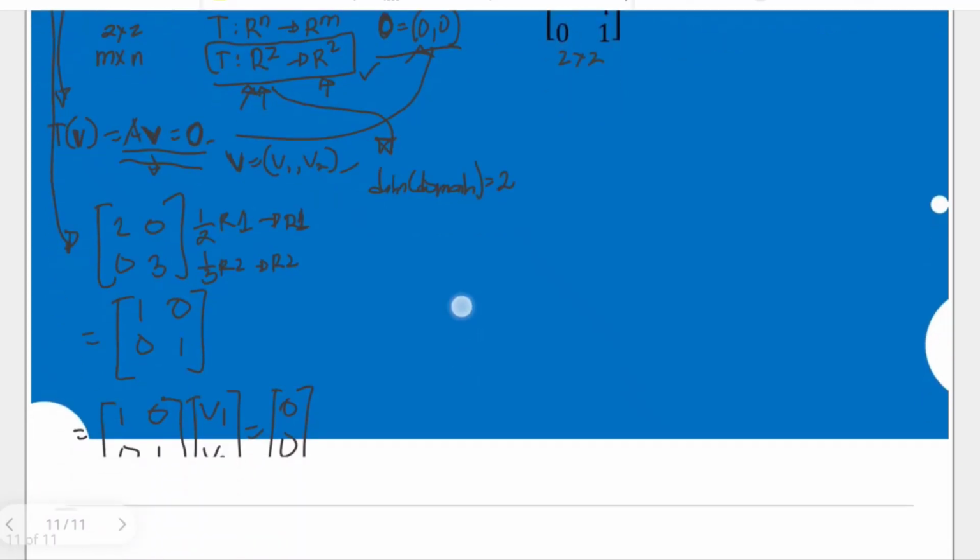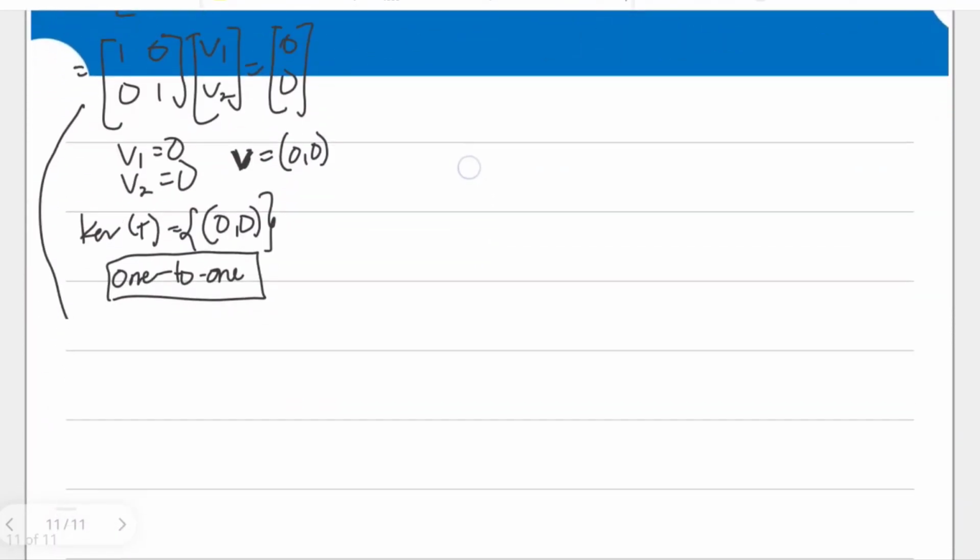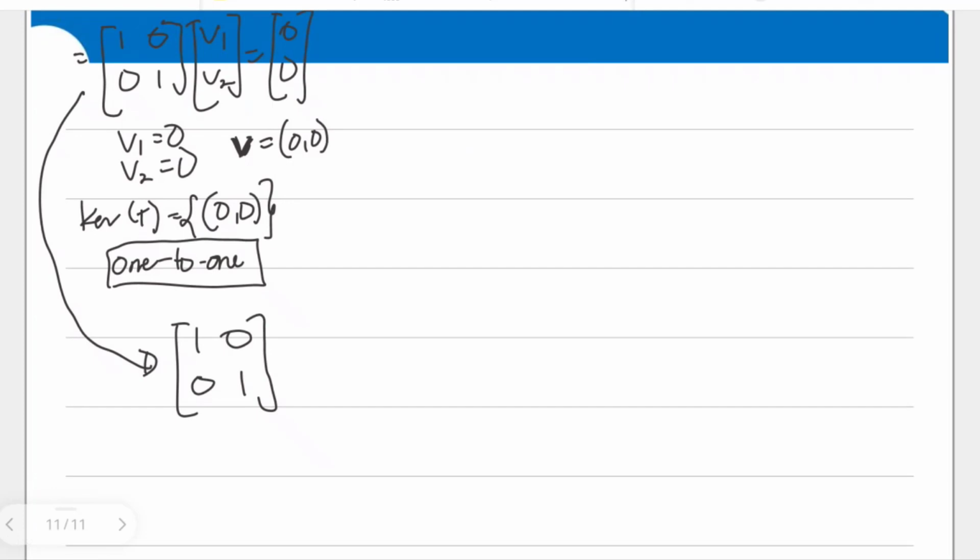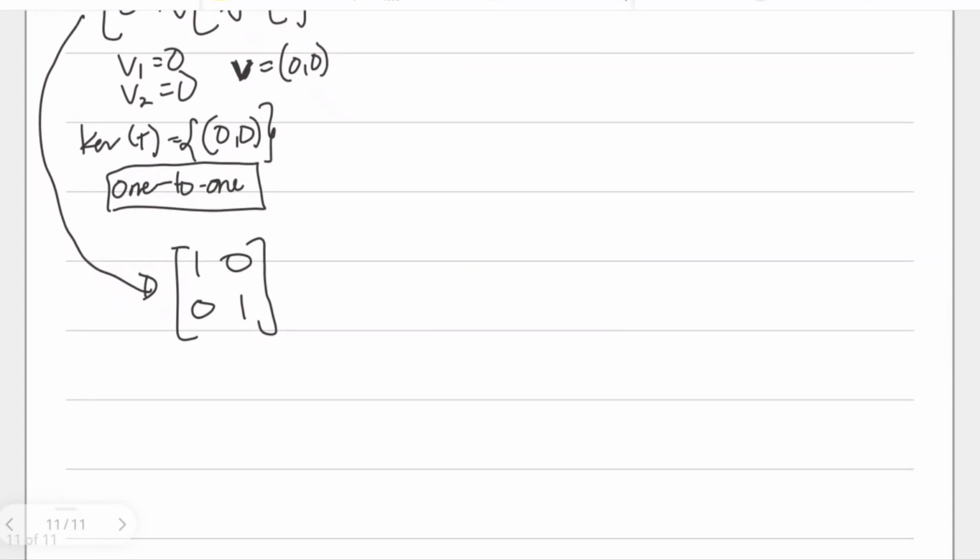We can do that since we're talking about range. The range is equal to the column space of A. Column space of A means, looking at our columns here, how many columns contain leading ones. After our reduced row echelon form, we have 2.